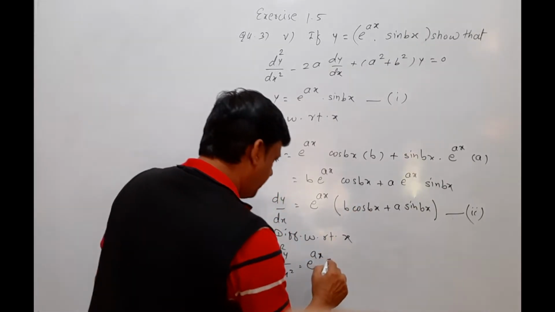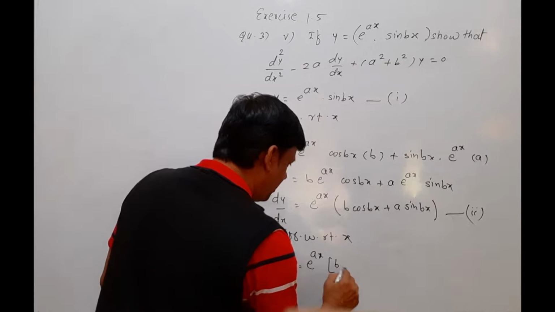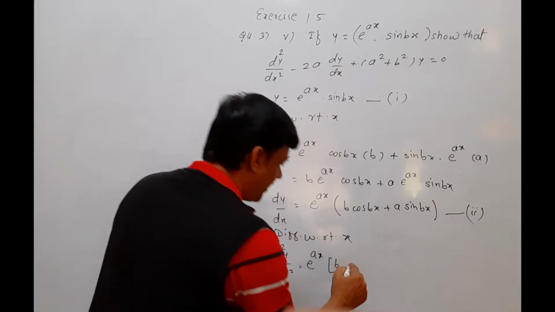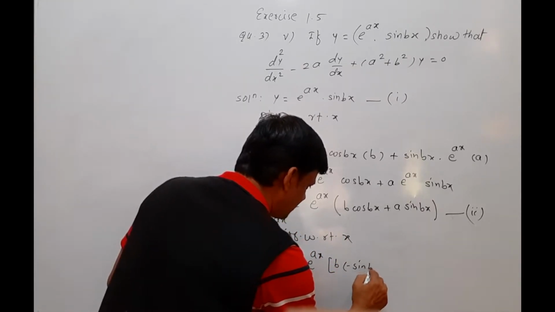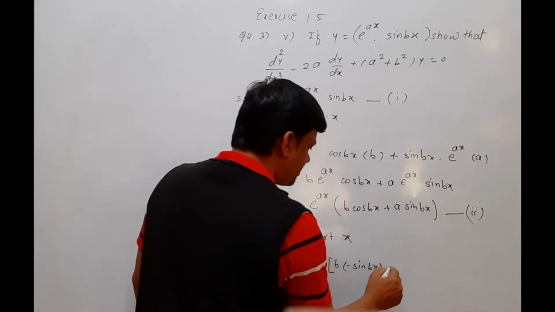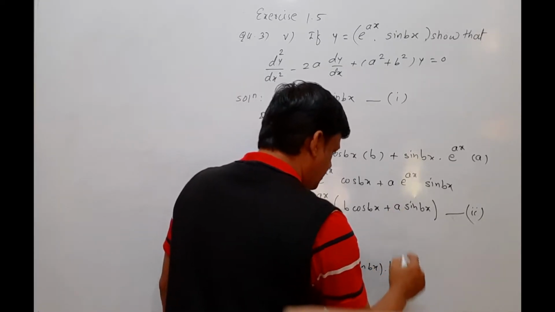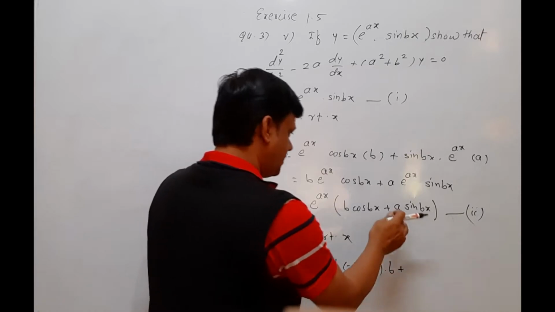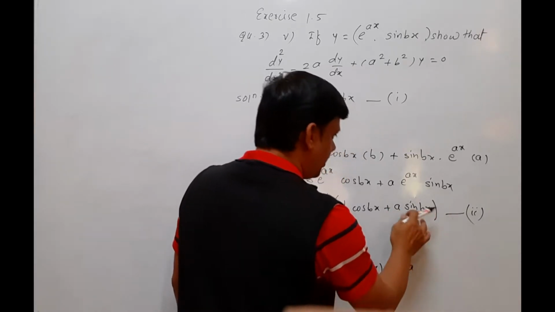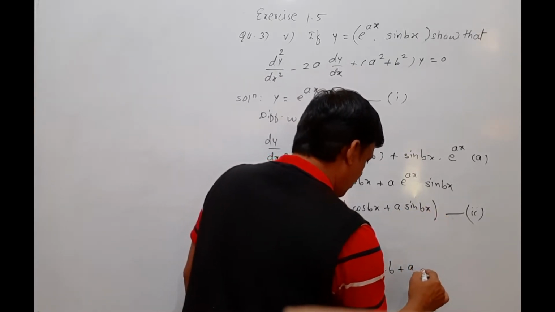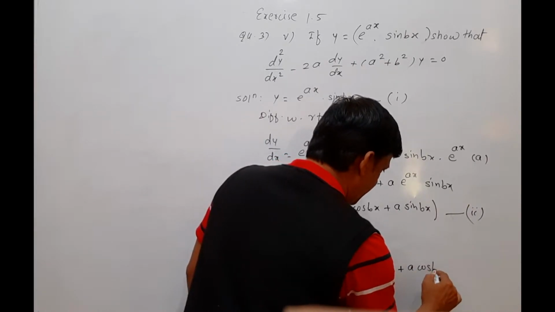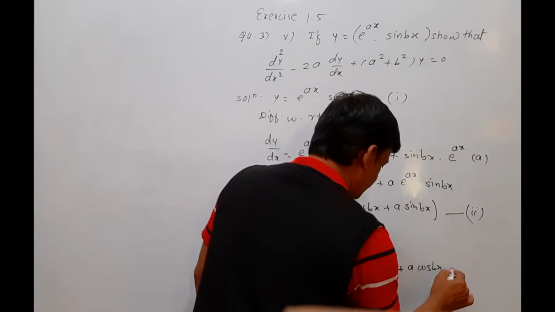So derivative of this bracket: b into derivative of cos bx, that is minus sin bx into derivative of bx which is b, then plus a into derivative of sin bx which is cos bx into derivative of bx, that is b.